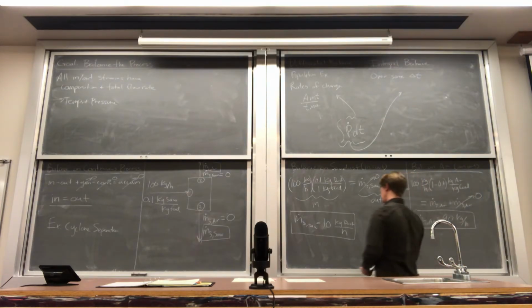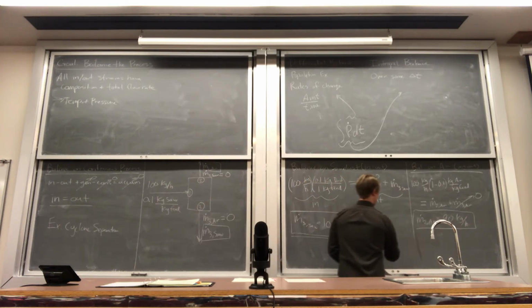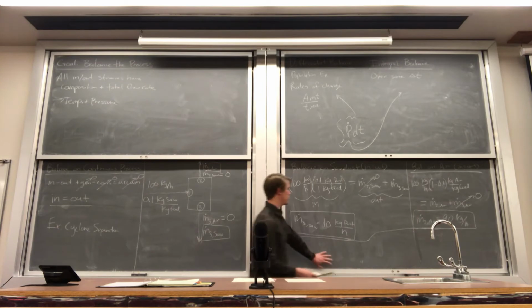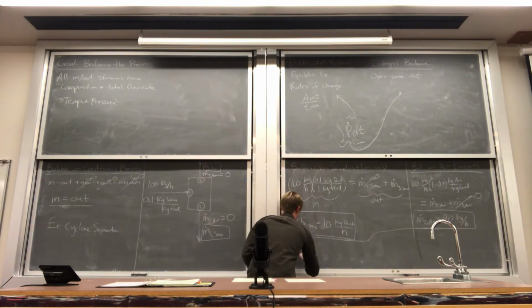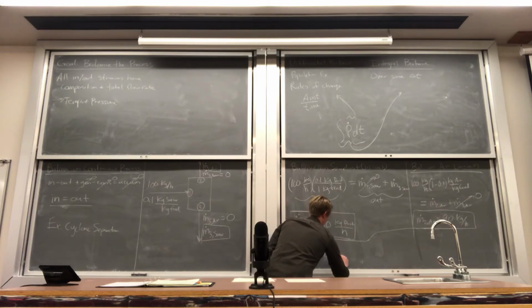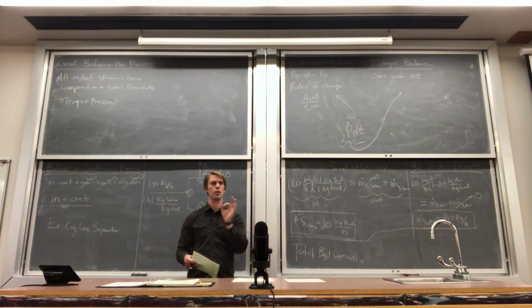The last thing that we'll do is a total balance. Everyone can see this part of the board? Is that good? Okay. All right, so we have a total balance, which is the total amount in and the total amount out.